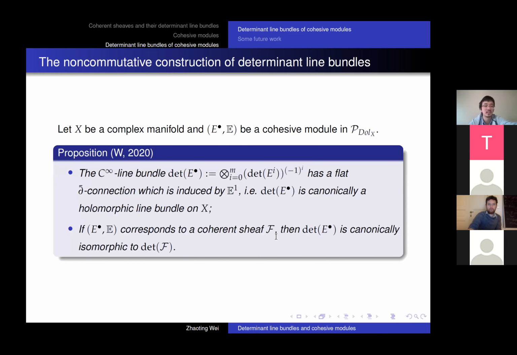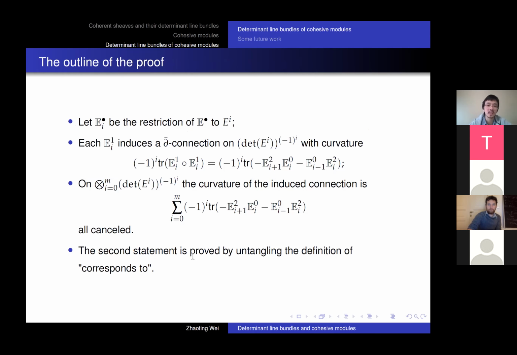So to study this correspondence, we can show that our new definition coincides with the old definition. In other words, to define the determinant line bundle of a coherent sheaf, we no longer need the local definition and gluing.